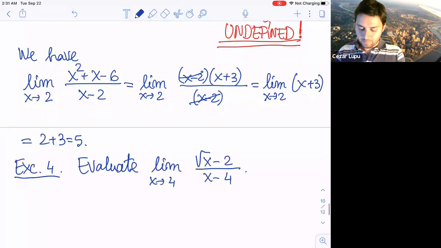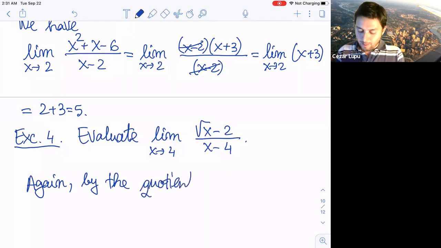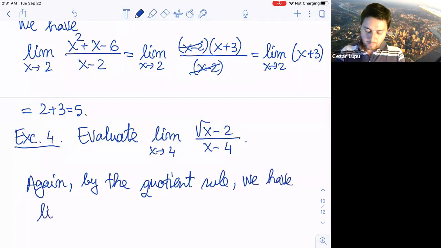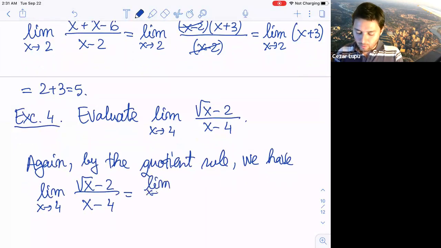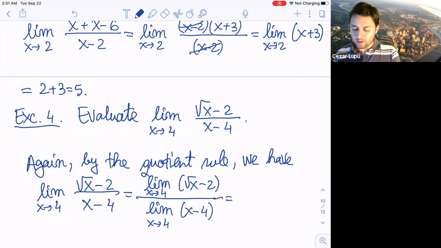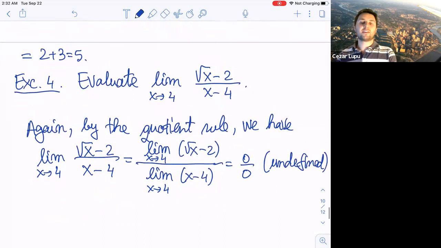Again, by direct computation or just applying the quotient rule, we have that the limit as x approaches 4 of square root of x minus 2 over x minus 4 will be the limit as x approaches 4 of square root of x minus 2 over the limit as x approaches 4 of x minus 4, so it will give us 0 over 0 again, which is undefined. Wow.